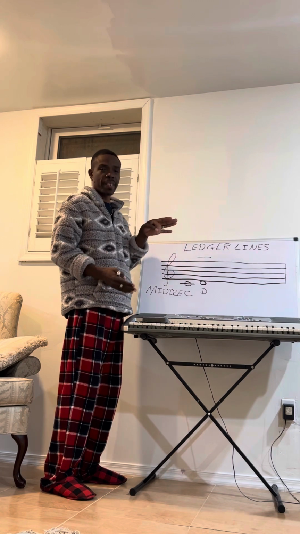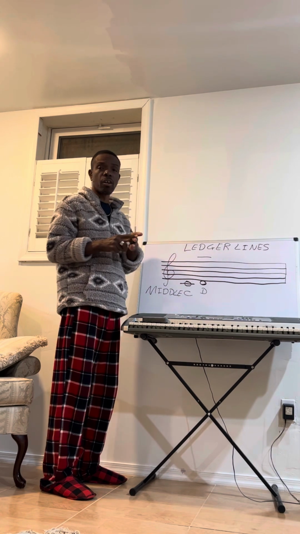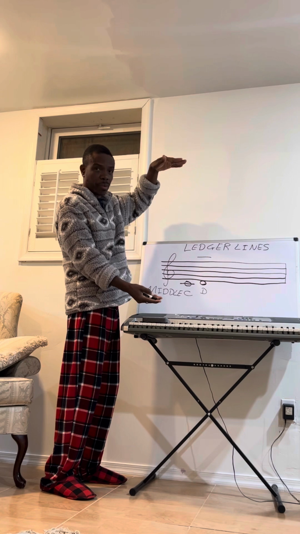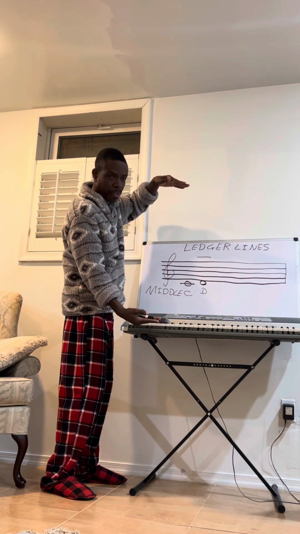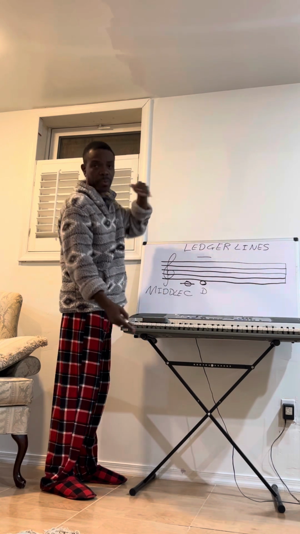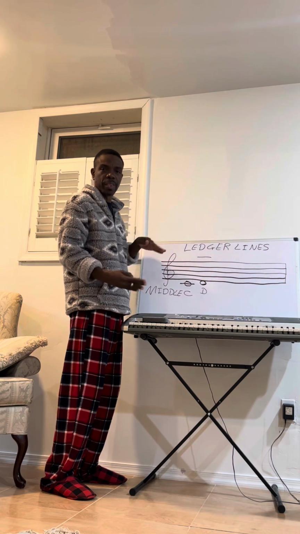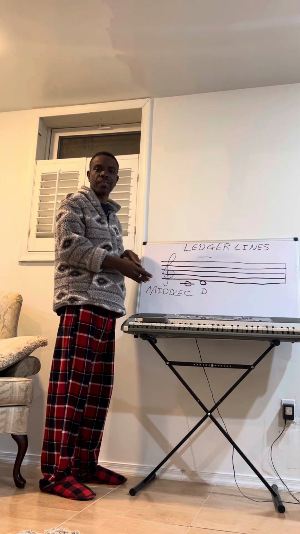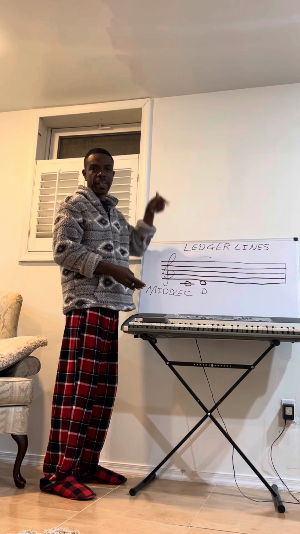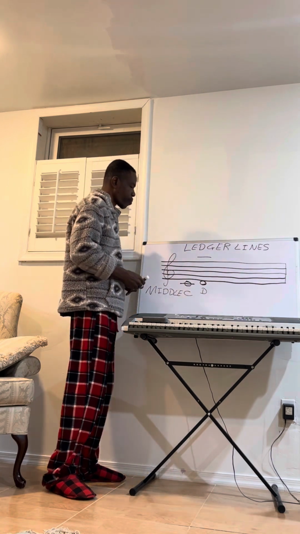Because some instruments have a longer range, high notes, and then they come right down at the bottom. So you need to extend the staff, going higher and lower. Good.